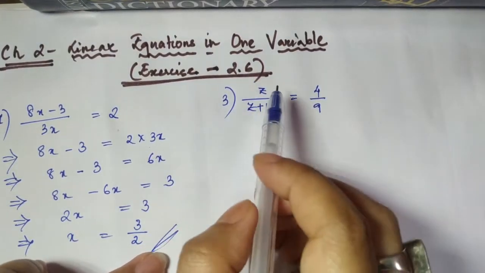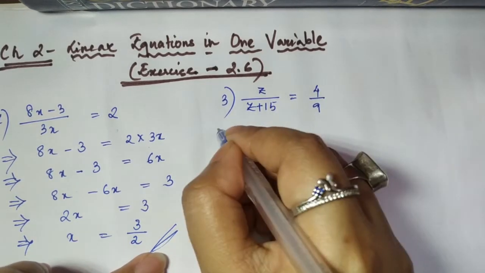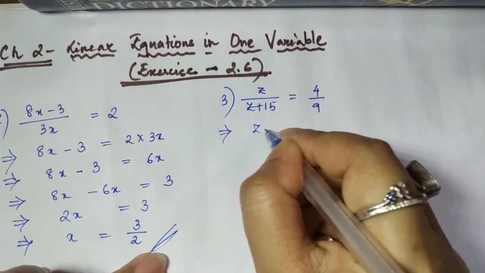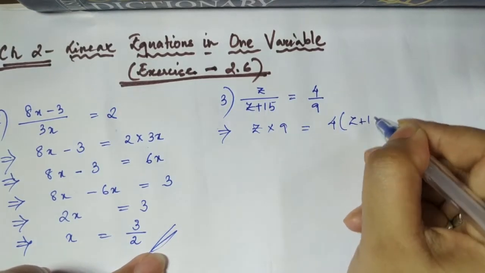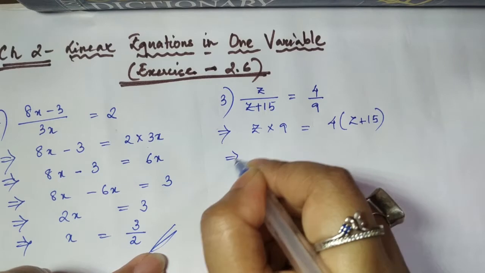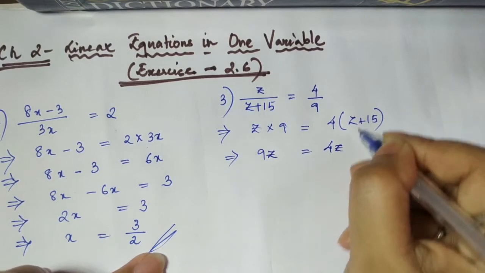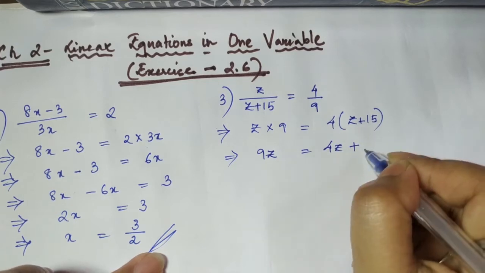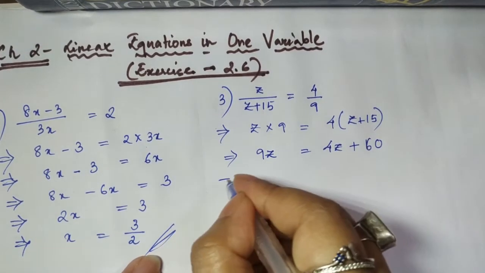Now all of you know, as explained in the last exercise, when it is like a fraction we do cross multiplication. So what will be here? z into 9 is equal to 4 into z plus 15. So z into 9 is 9z, is equal to 4z plus 15 fours, it's 60.